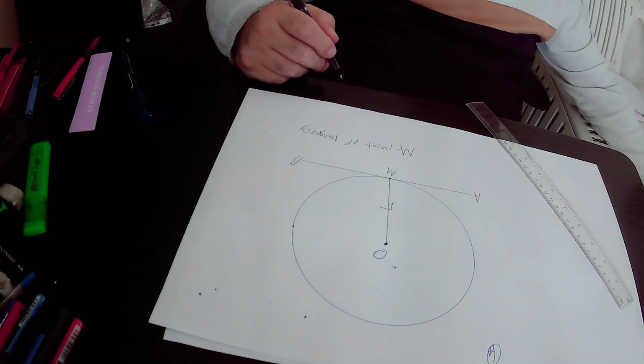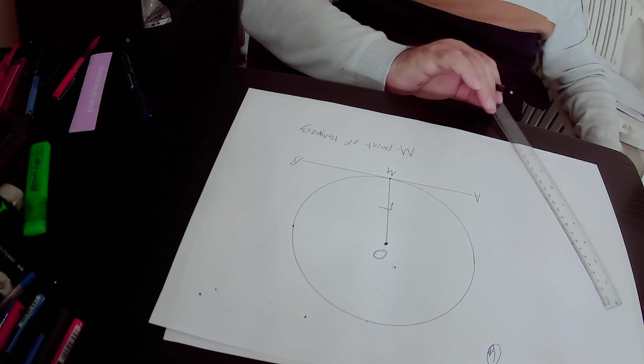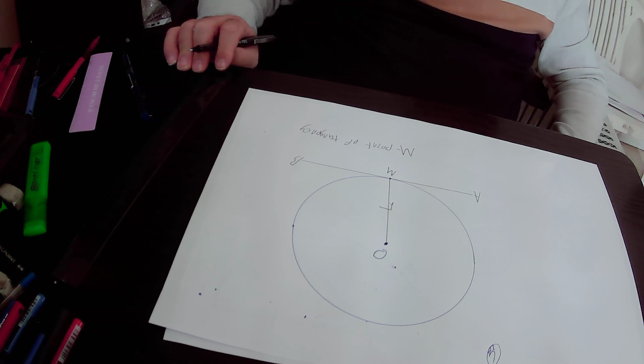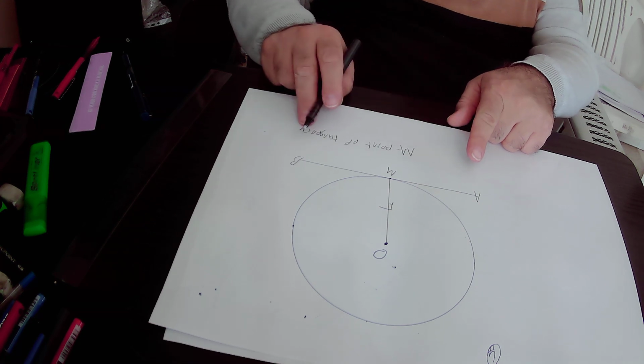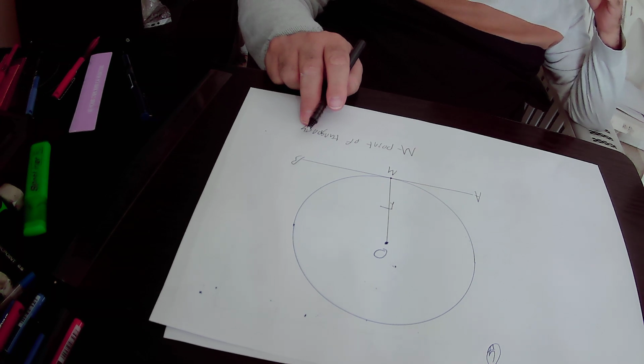So according to rule number 2, a tangent to a circle, that is to say tangent AB, is perpendicular to the radius drawn to its point of tangency.